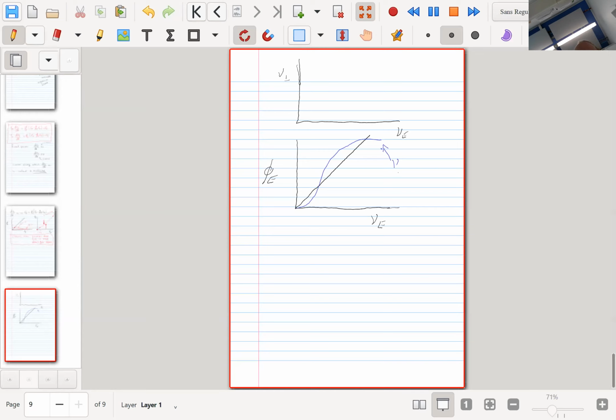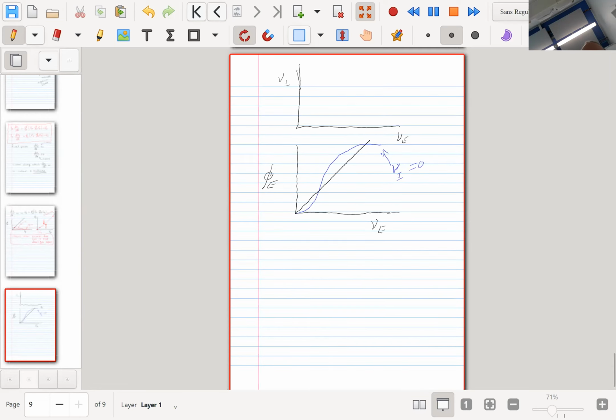And so these points, this point here, this point here, and this point here are all on the excitatory nullcline.